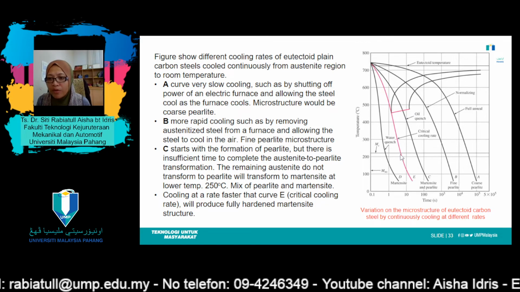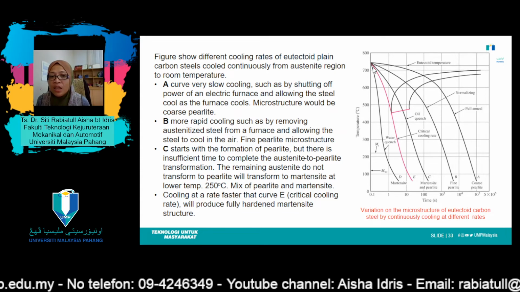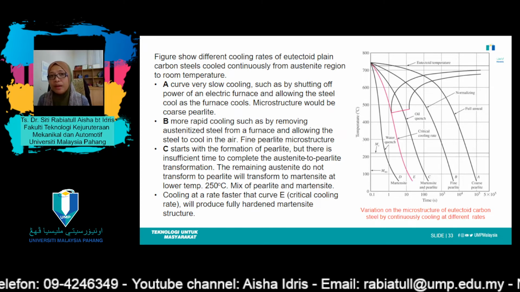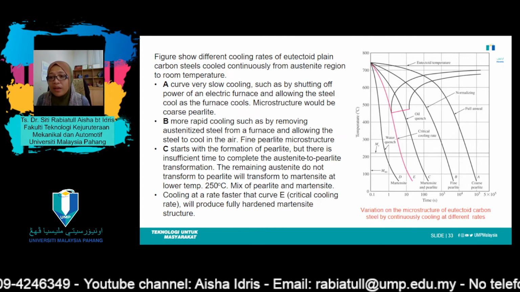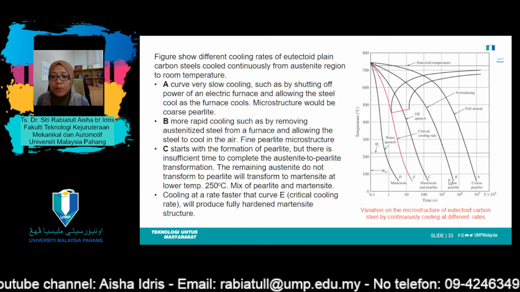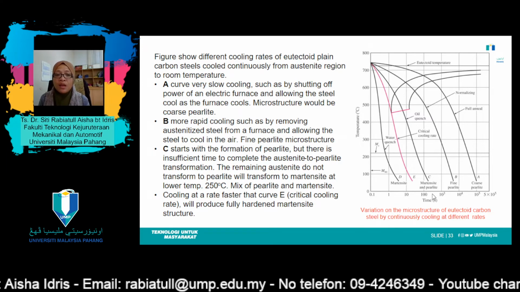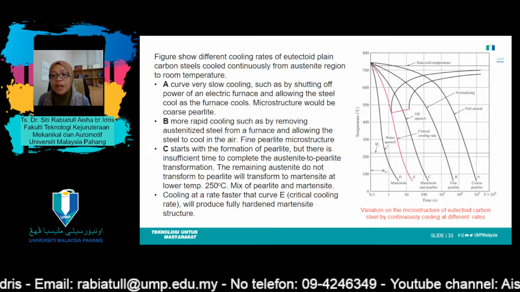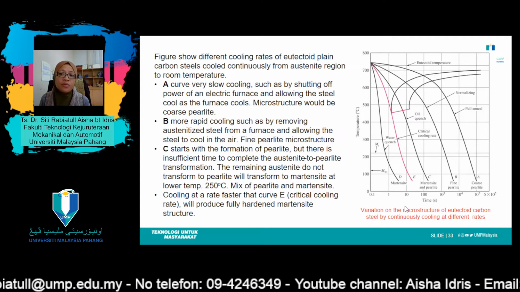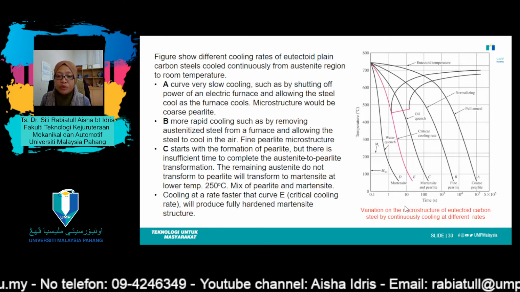However, E represents the critical cooling rate, because if the duration or the speed is not fast enough, then it will change to line C, whereby it will produce martensite and pearlite. So it has to be as fast as possible, by referring to this graph of temperature versus time, so that we can control what structure is produced.